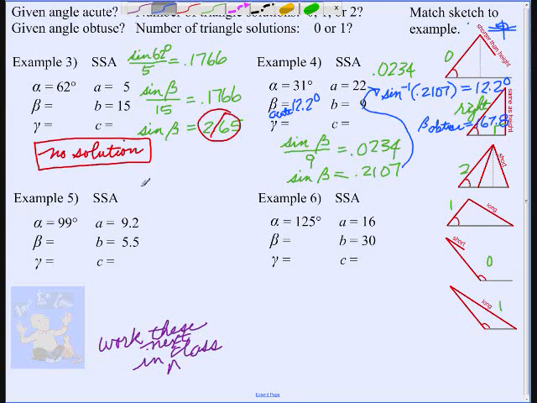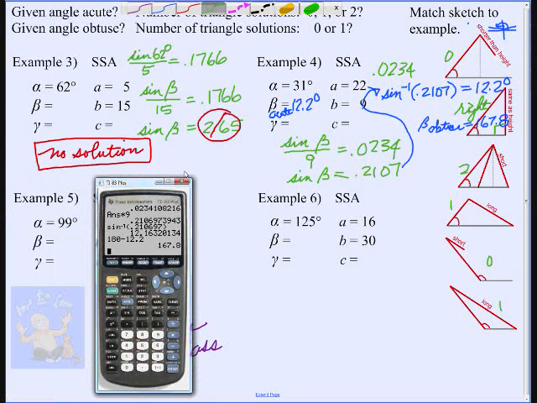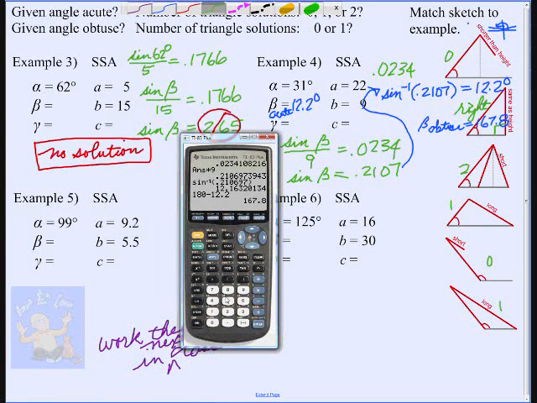All right, here's another one. Let's figure out what this ratio is. I have the sine of 99. Ooh, this is my first obtuse angle, isn't it? Divided by 9 point.